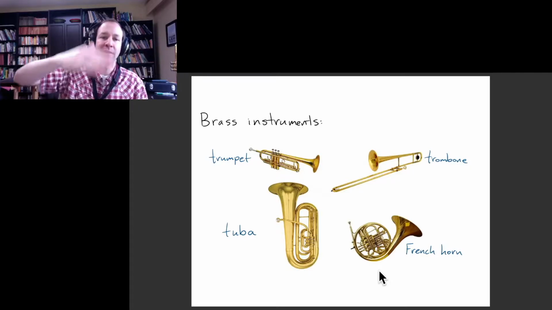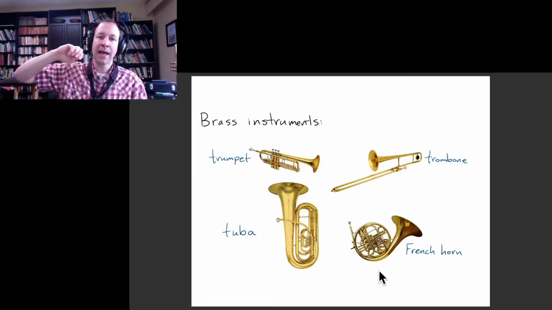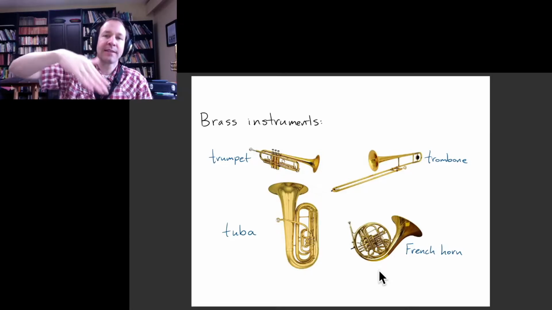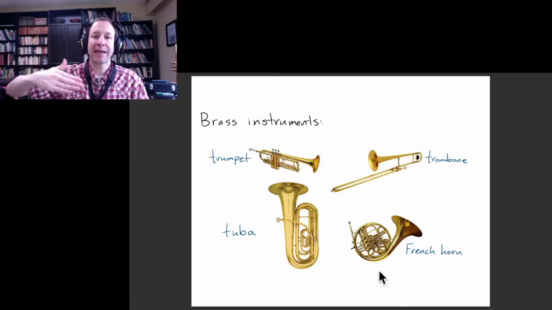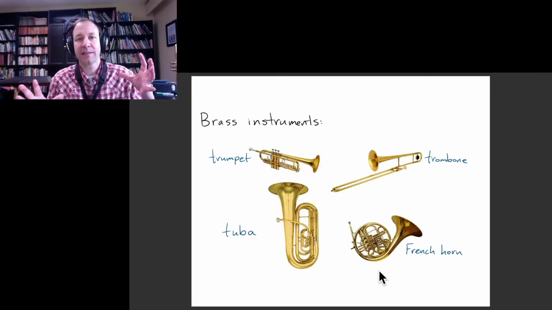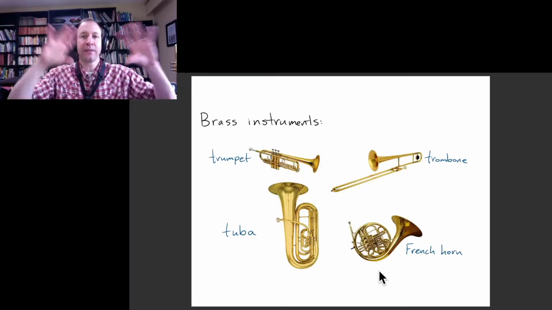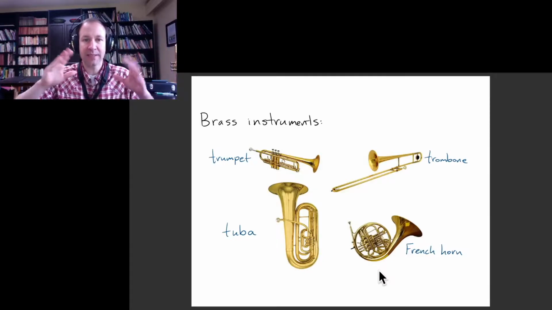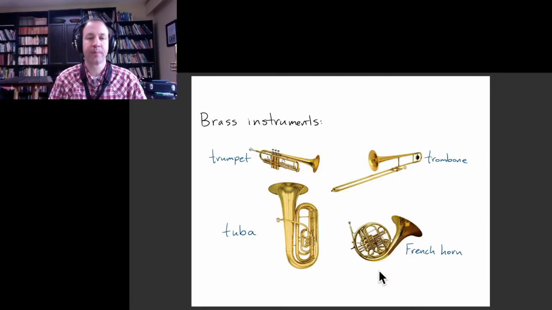So you have a number of lengths available to you, and then those lengths combined with being able to play many different harmonics for the particular lengths allow you to play the full set of notes in the chromatic scale over a certain range.